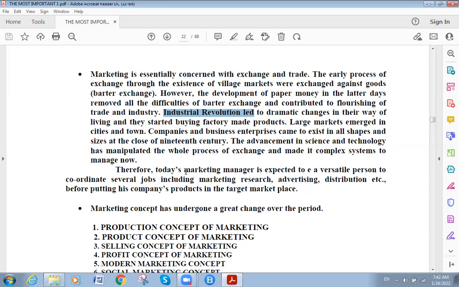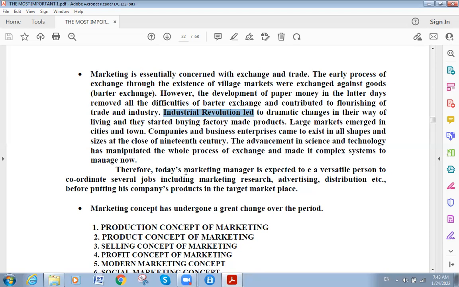Mass production means large scale production, a huge amount of production. So the shift from manual production by hand into the Industrial Revolution, the steam engines, and the start of automation increased production.